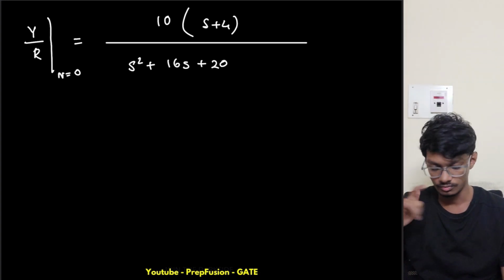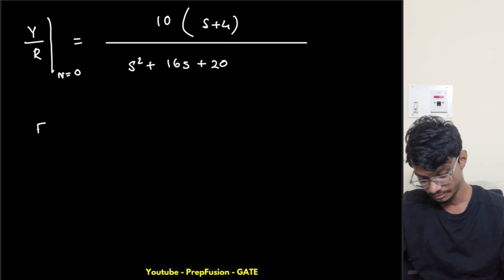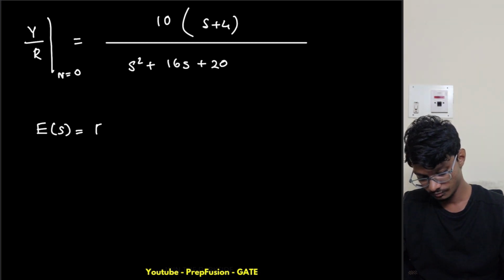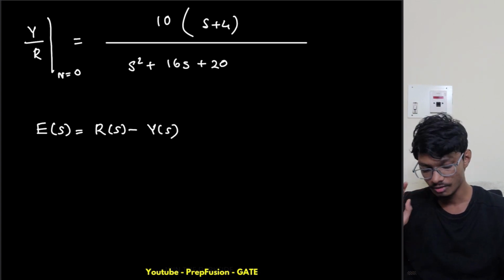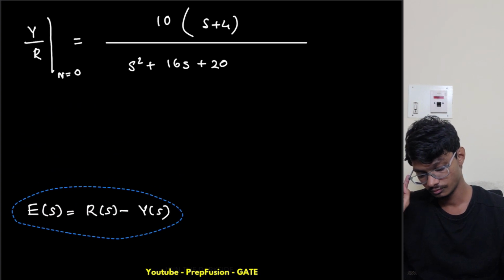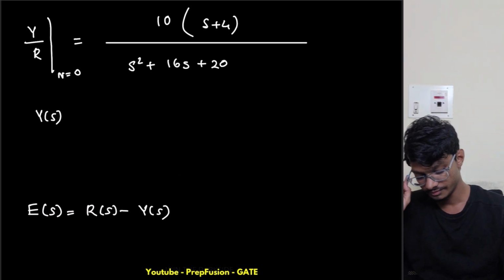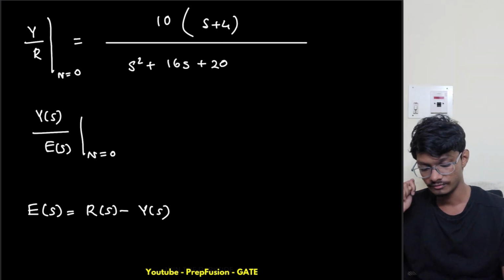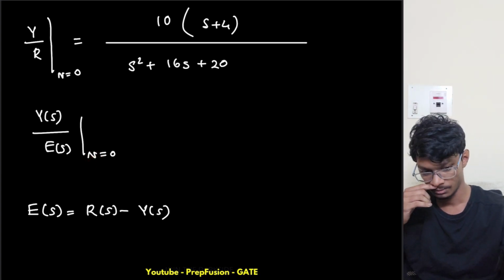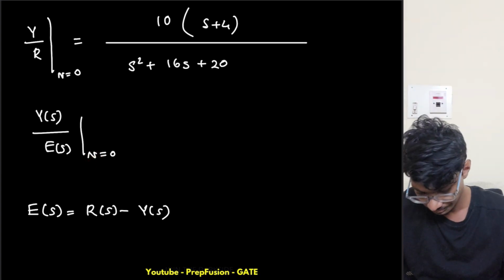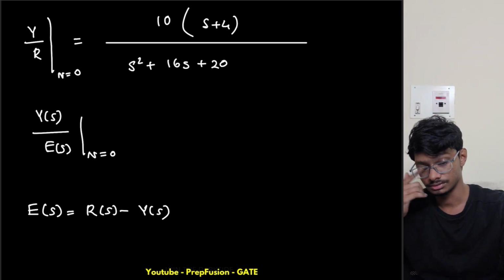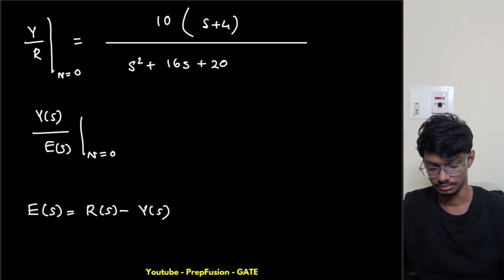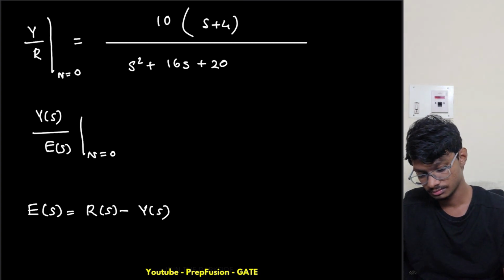Now I will find the value of E of s, which is equal to R of s minus Y of s. I have to find Y of s upon E of s when n equals 0. I will find it using this, not using SFG. So I will write this R in terms of y.